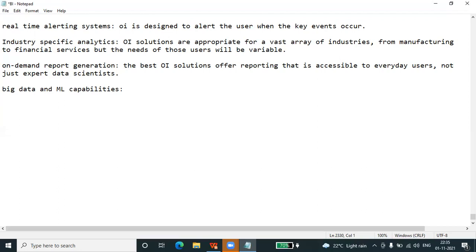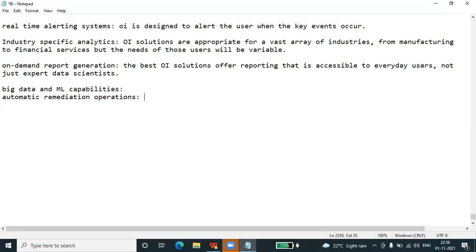Automatic remediation operations. What happens when your operational intelligence solution determines there's a problem?